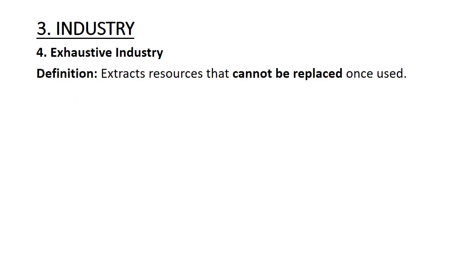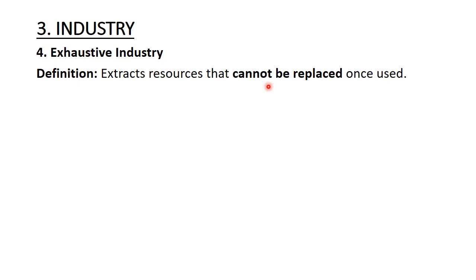Next, look at exhaustive industry. Okay, so these ones, they extract resources that cannot be replaced once used. Okay, so the difference between exhaustive industry and extraction is, for exhaustive, once they extract those raw materials, they are not going to be replaced again. They are gone.